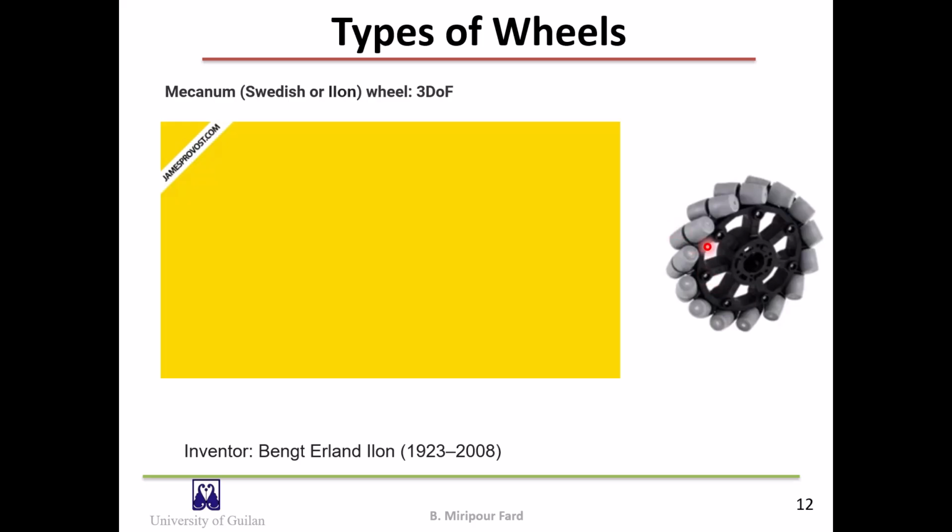These rollers typically each have an axis of rotation at 45 degrees to the wheel plane and at 45 degrees to the axle line. The Swedish wheel functions as a normal wheel but provides low resistance in another direction as well. The small rollers attached around the circumference of the wheel are passive, and the wheel's primary axis serves as the only actively powered joint.